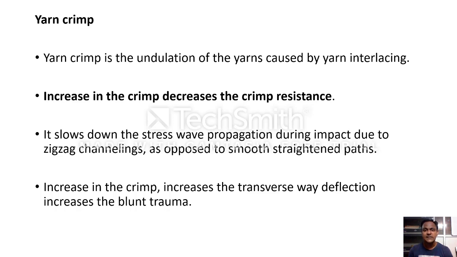When the projectile strikes the fabric, the crimped yarns will undergo a decrimping process. When it undergoes decrimping, the projectile hits the fabric at high speed so that the fabric will fail.